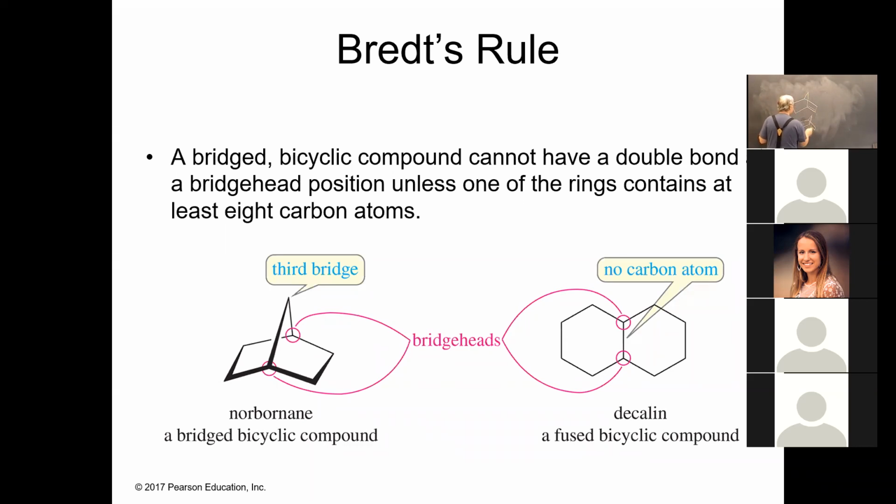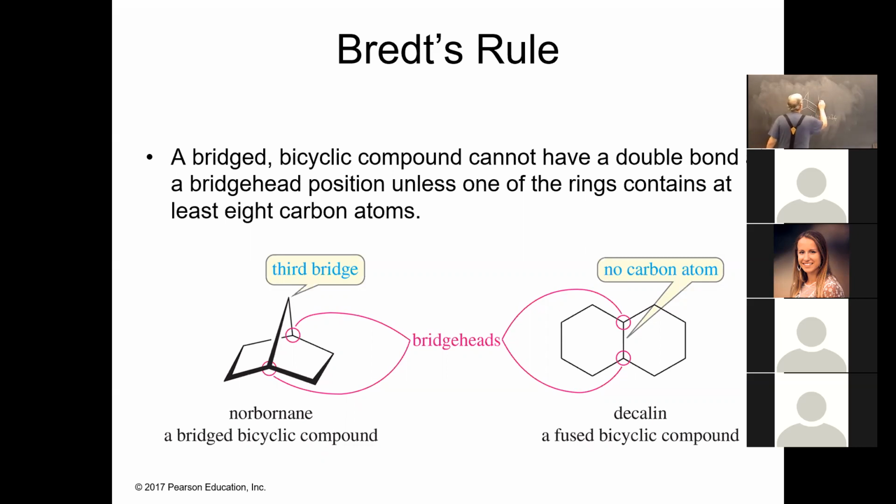All right, this would be impossible. And you can prove that using models. You can't build a model of these compounds. They would be prohibitively strained.